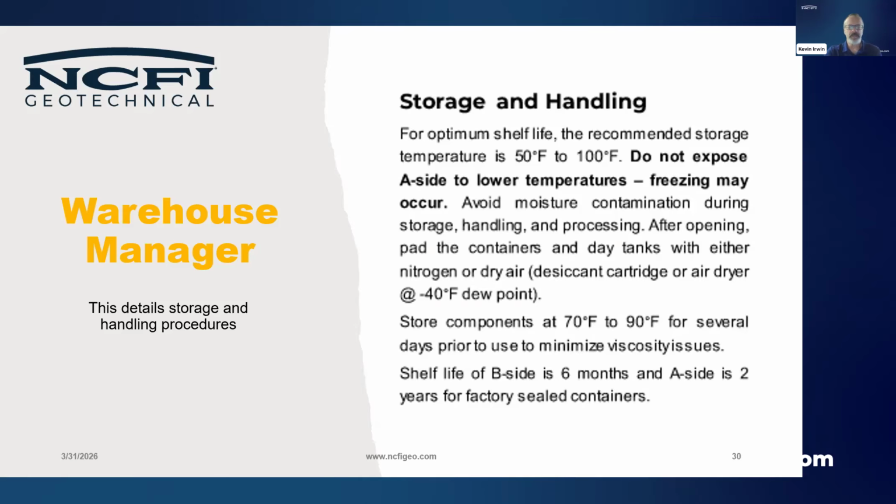The cold tends to be more detrimental to it than the heat. Obviously, if it's 115 degrees outside in Houston, Texas, and your rig doesn't have an air conditioner on it, your foam's going to be 115 degrees in the drum, and that's okay. But from the storage and handling standpoint, if your foam is below 70 degrees, you're going to have a hard time pumping a lot of times. Depends on your equipment.